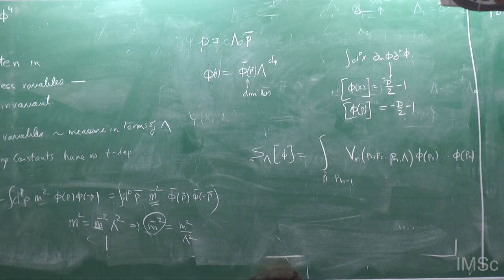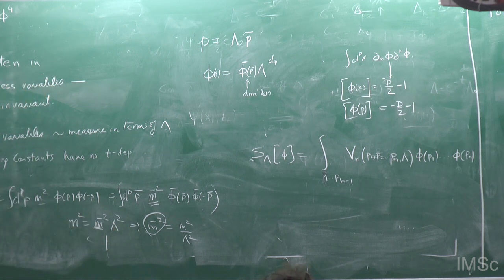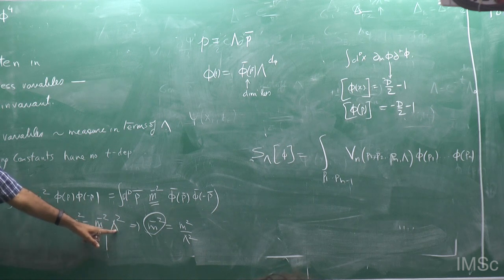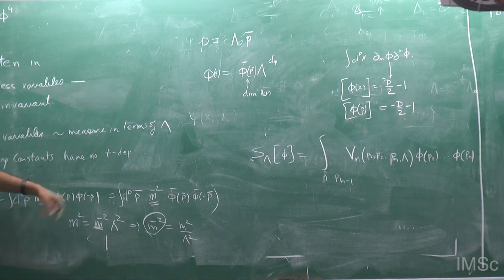This lambda doesn't have any lambda dependence because the dimension is precisely 4 in 4 dimensions. Or this is dimensionless, whereas mass is dimension 2. So to make it dimensionless, I have to make that lambda squared. So m bar is not going to be fixed as you scale lambda, because this product is m. Naively, if you take a free theory, but if you're in an interacting theory, m squared can change due to the interactions in such a way that this thing is fixed. Then you can have a fixed point. Okay.